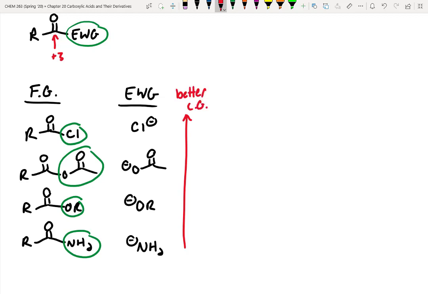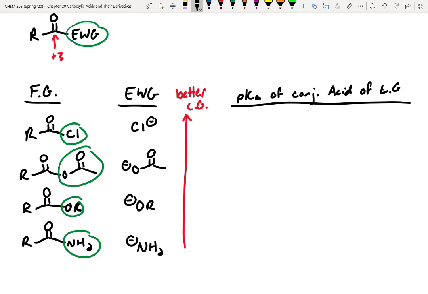And in fact, we can see this by comparing the pKa of the conjugate acid of the leaving groups. So let's take a look. Let's make a list. So the conjugate acid for Cl- would just be HCl, and that has a pKa of about -8.